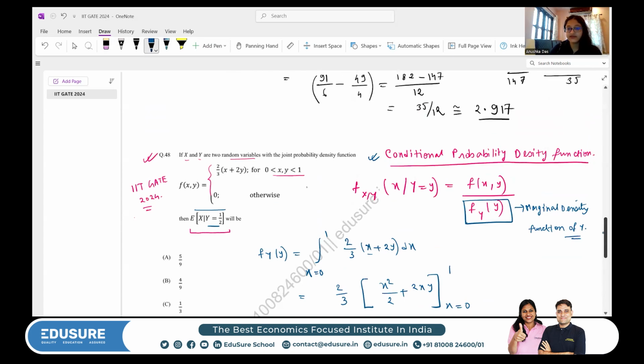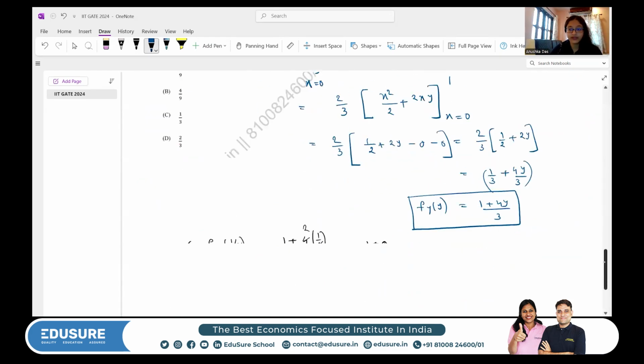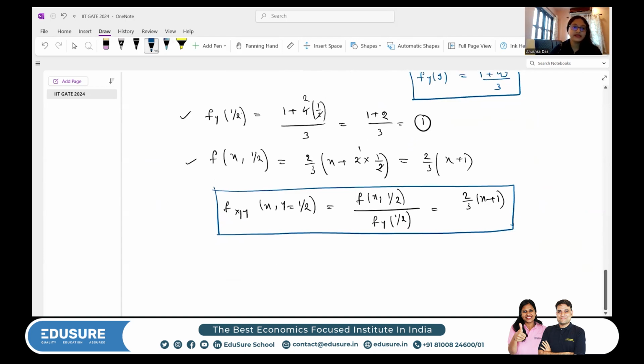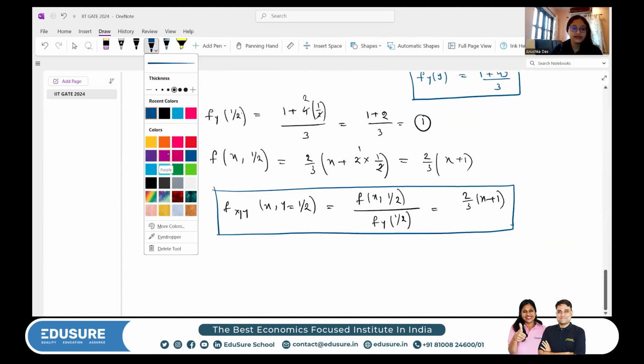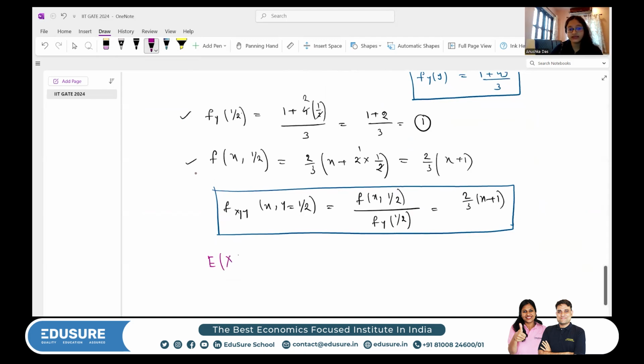So this expression we have calculated, right? So this entire expression. Now what will be the expectation? If we have this conditional thing, then we can easily find out the expected value of x given y equals half.